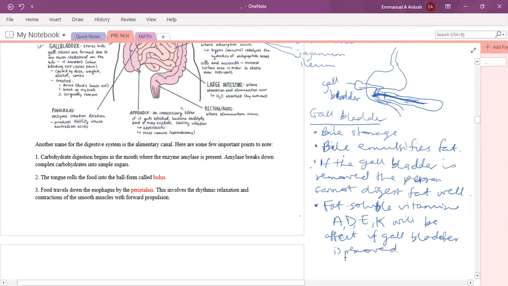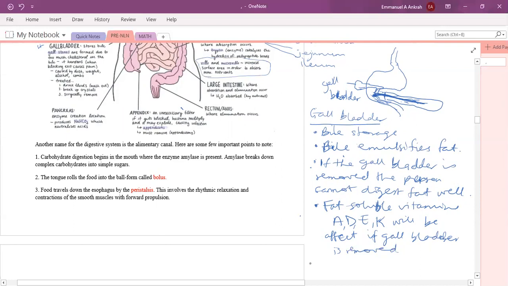And then one thing that you remember with the small intestine, which is very important, is the presence of what we call the villi in the small intestine. So villi, when we get here, very important to remember the villi.